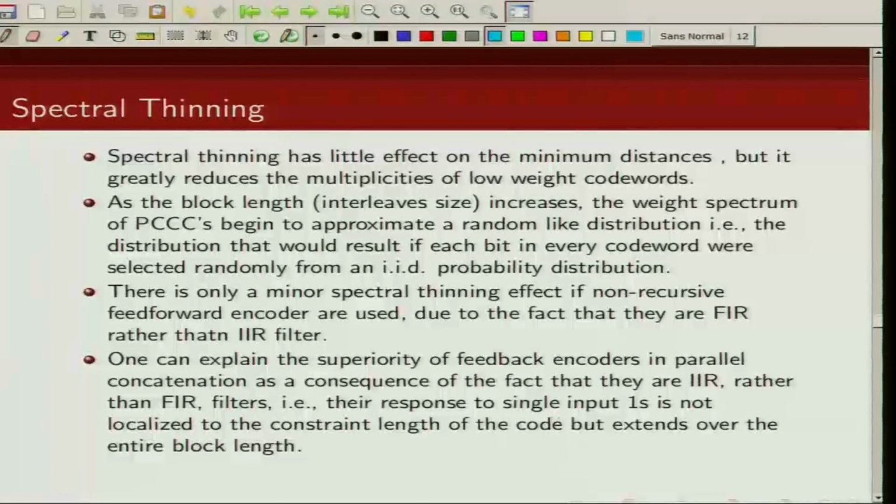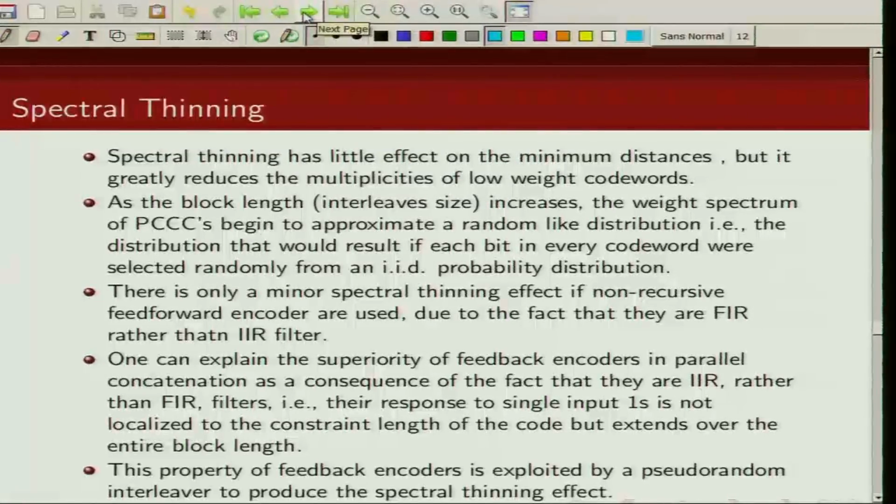So the response to a single input 1 in the case of a feed forward encoder is localized, whereas for a feedback encoder it extends over the entire block size. This property of feedback encoders is exploited by the pseudo-random interleaver to produce the spectral thinning effect.